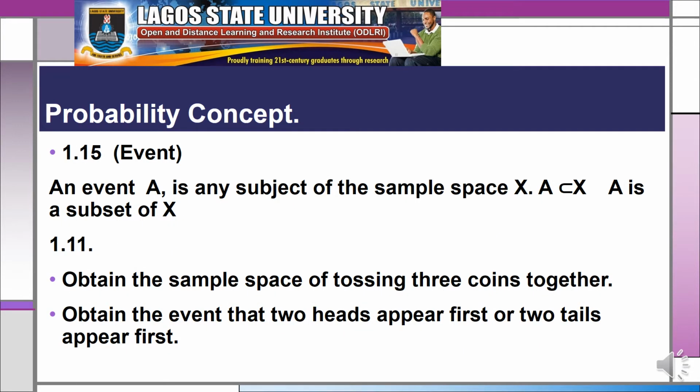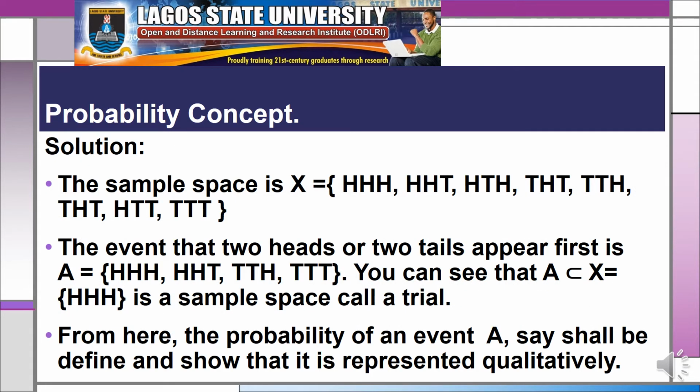Event. An event A is any subset of the sample space. A is contained in S. A is a subset of S. Example 1.1. 1. Obtain the sample space of tossing 3 coins together. 2. Obtain the event that 2 heads appear. Solution.